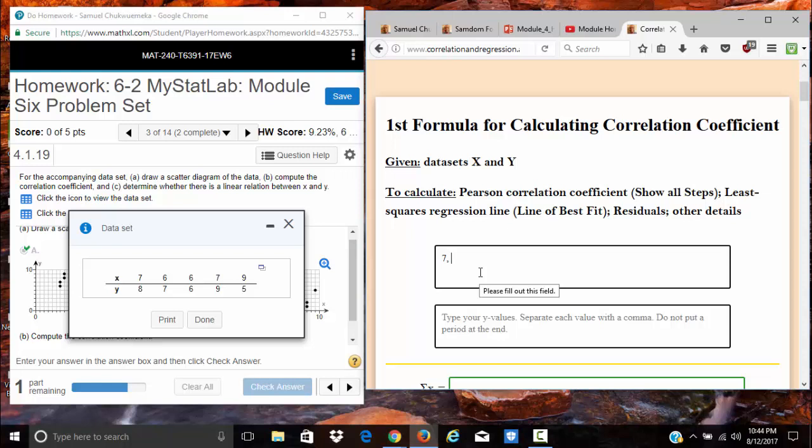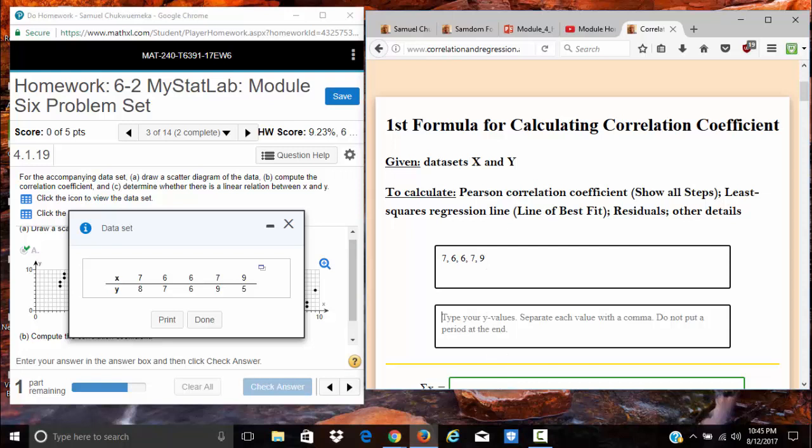It doesn't matter. 7, 6, 6, 7, 9. Please do not put a period or a comma at the end.